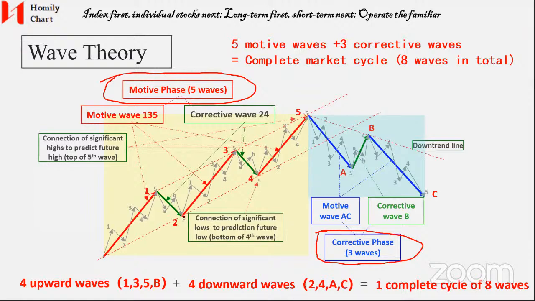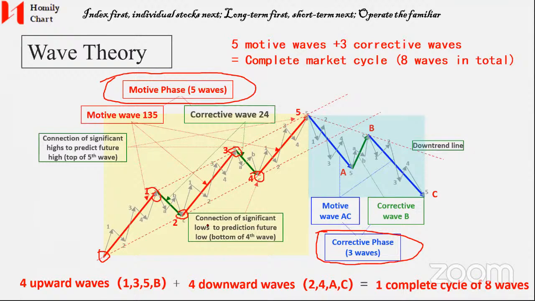I connect the low points, let's say this low and this low, and I get the third low point falling on this line I draw. This is the uptrend line. And then I connect the highs of waves 1 and 3, and I get a resistance line here.